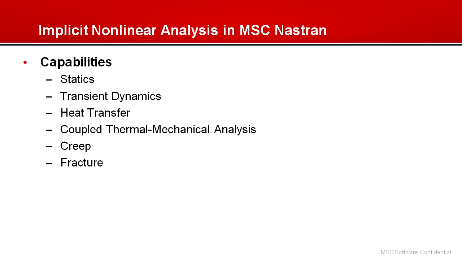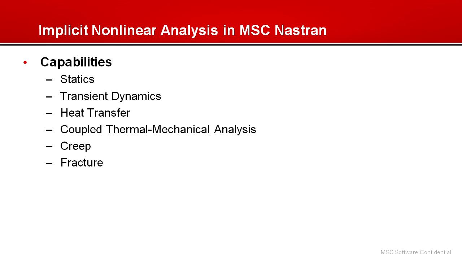One of the new solutions in MSC Nastran is the Solution 400 implicit solver. It was created to offer advanced nonlinear technologies based on Marc, but was also enhanced and developed to include many more capabilities such as statics, heat transfer, coupled thermal and mechanical analysis, fracture mechanics, creep, and so on.